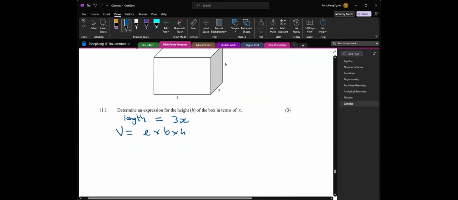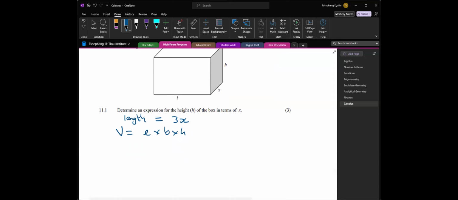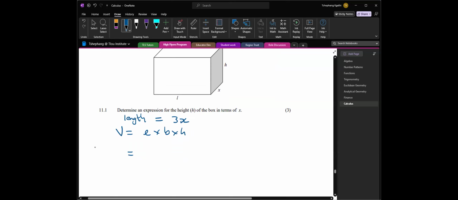And remember that they don't give you the formulas for these shapes. You have to remember them. Now, let's substitute what we have. The length, that's going to be 3x. The breadth is just x, and the height is just h.